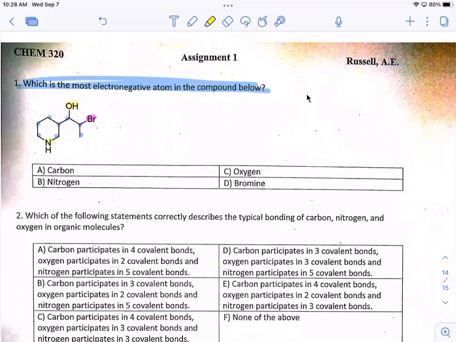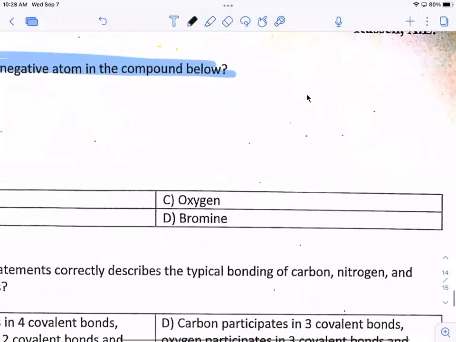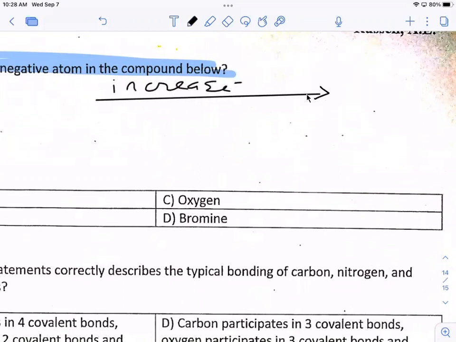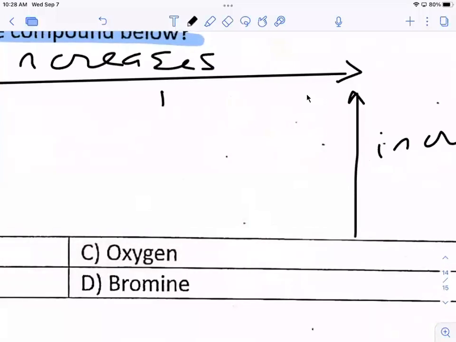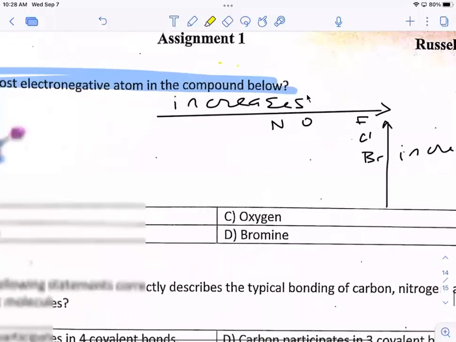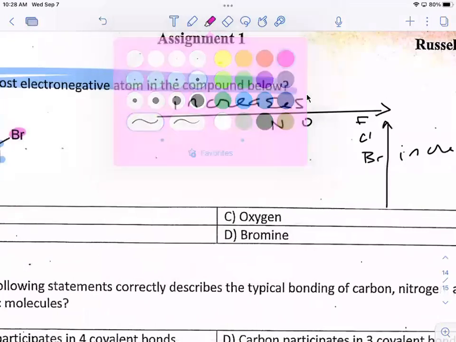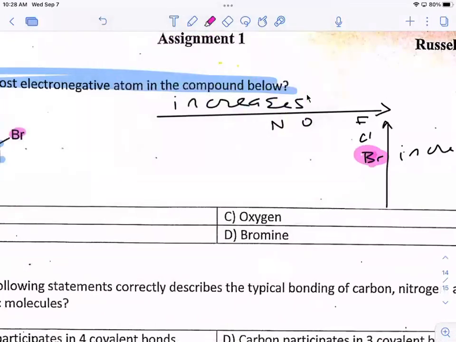So the trend for electronegativity, if I can refresh you on that, for the periodic table: electronegativity increases from left to right and from bottom to top. So you have N, O, and F, Cl, Br. If you look at bromine, it's actually below nitrogen and oxygen.